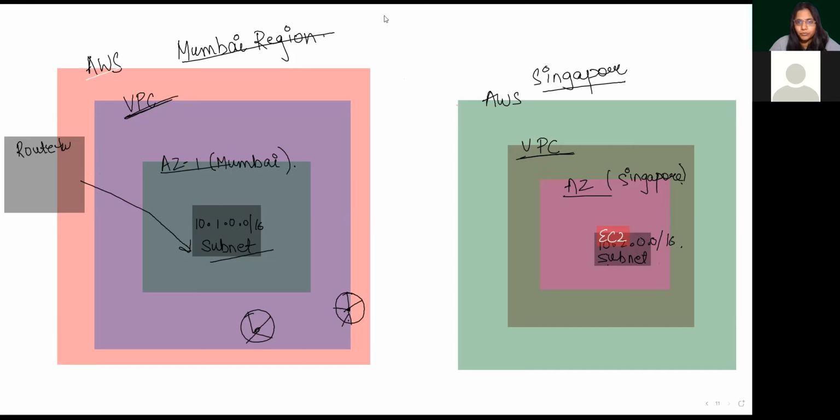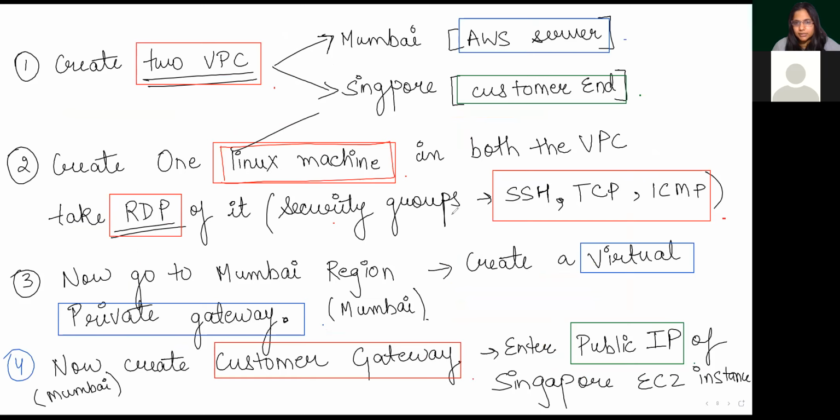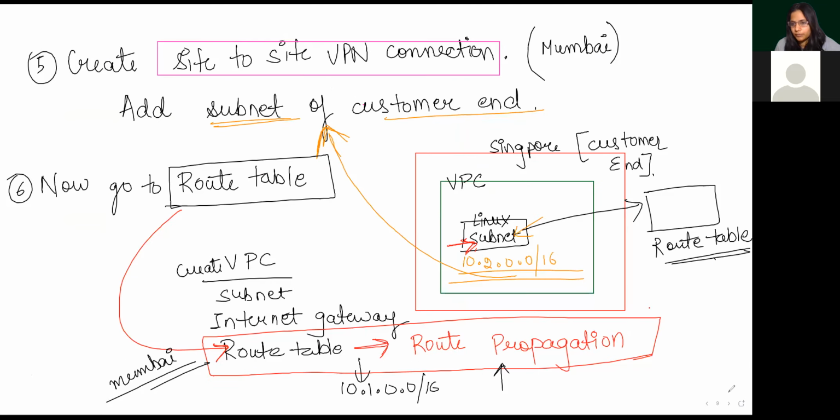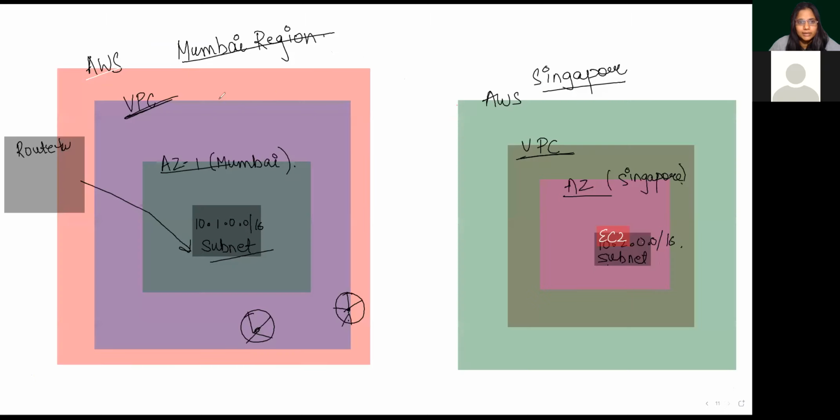Now, first of all, there are three new things you need to understand. We have created a Linux machine and added security groups. First, you have to create a virtual private gateway.